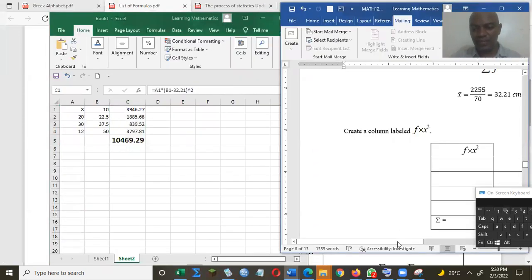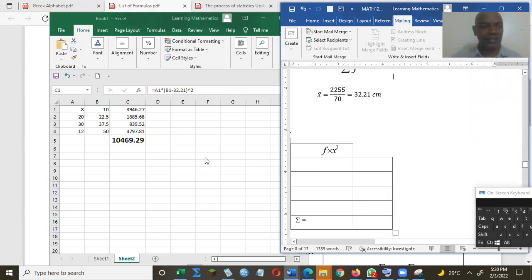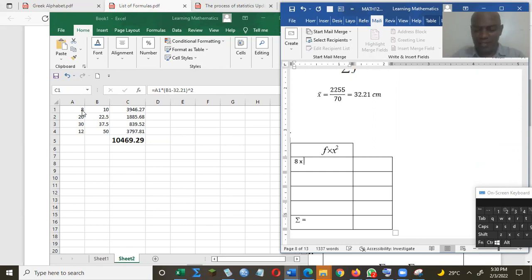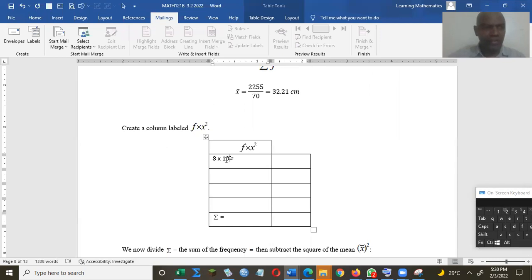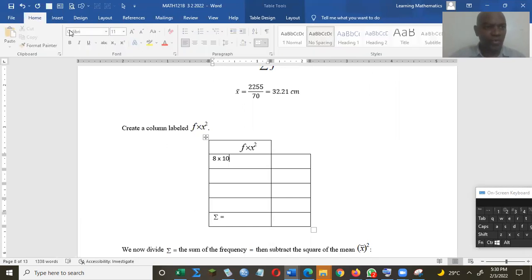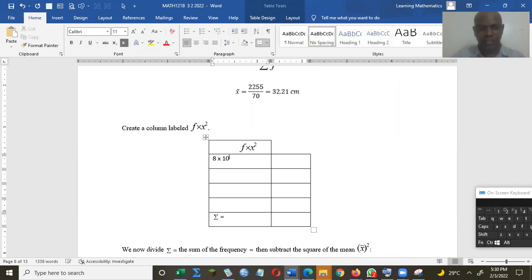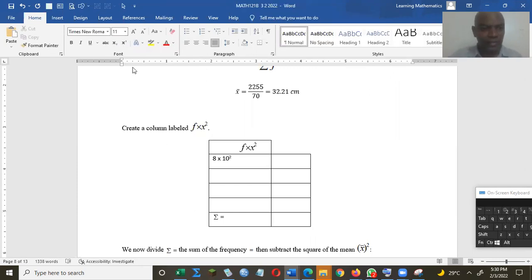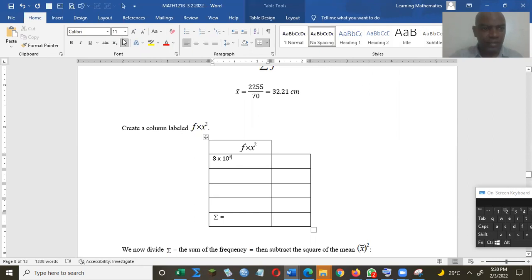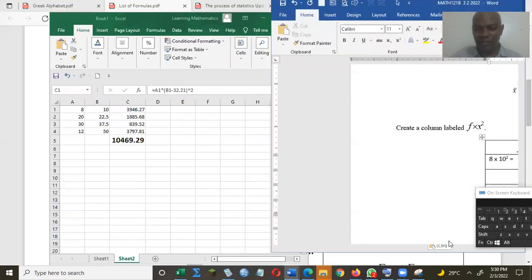The first fx squared is actually 8 times 10 squared. Also by Microsoft Word, I can use this superscript, I can use the home tab, squared. Click on it. Equal. That's the first fx squared. We have to do the fx squared before we sum.